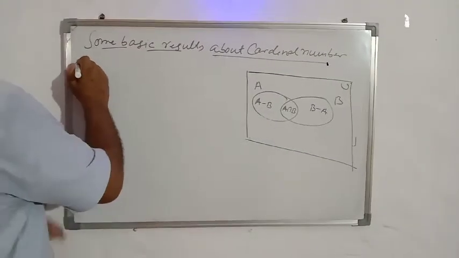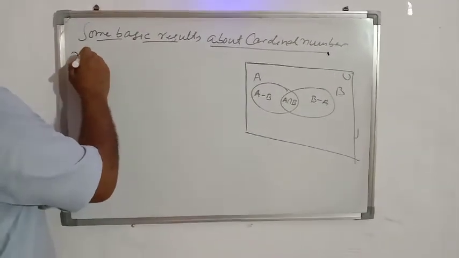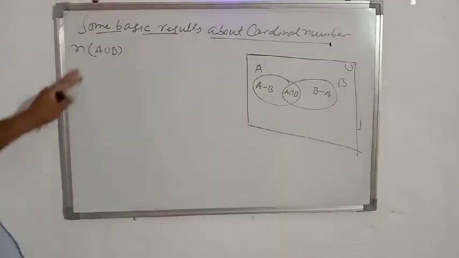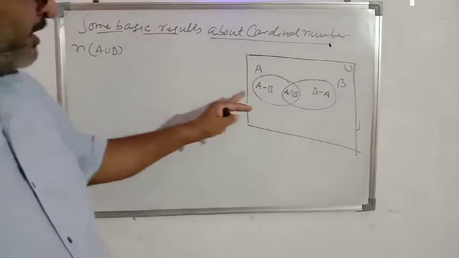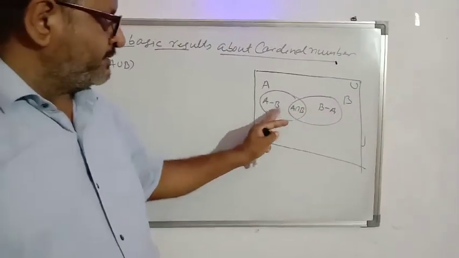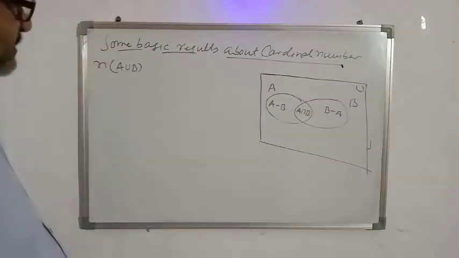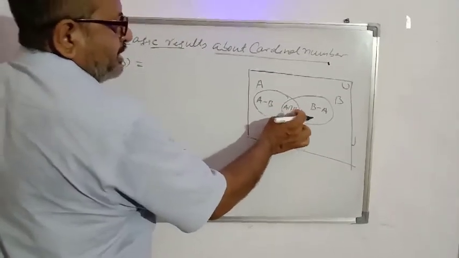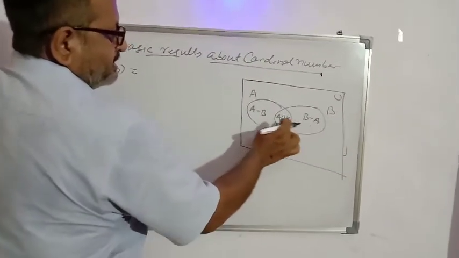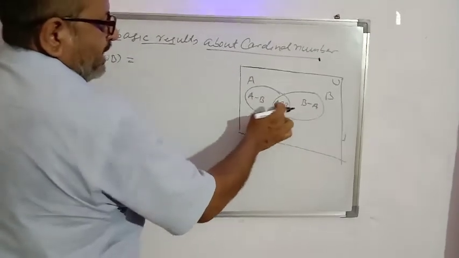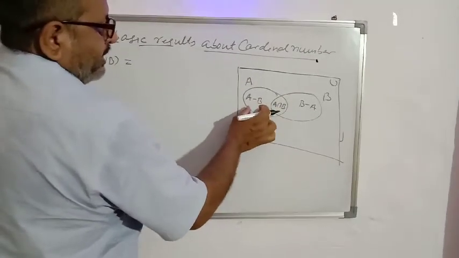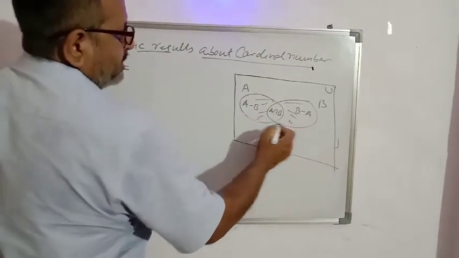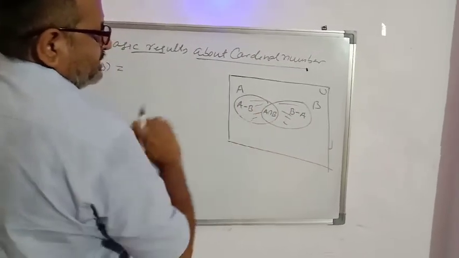Now we have to write the cardinal number of A union B. A union B means we will consider both the sets. See, A minus B, A intersection B, and B minus A. These three sets are disjoint sets. Nothing is common. A minus B, this side, B minus A, this portion, and A intersection B, that is the central portion.